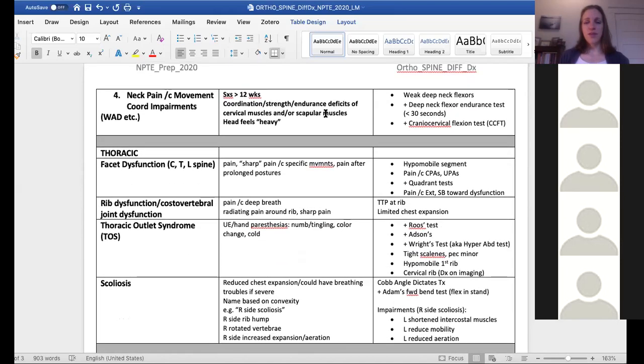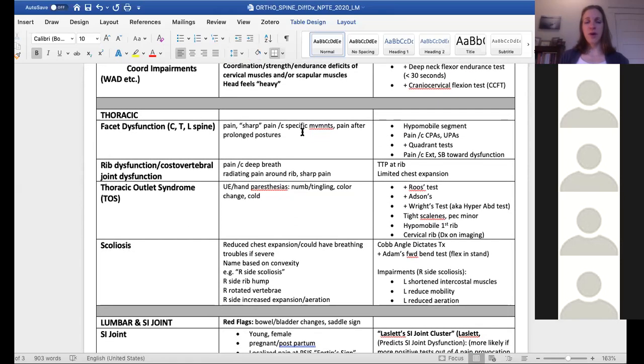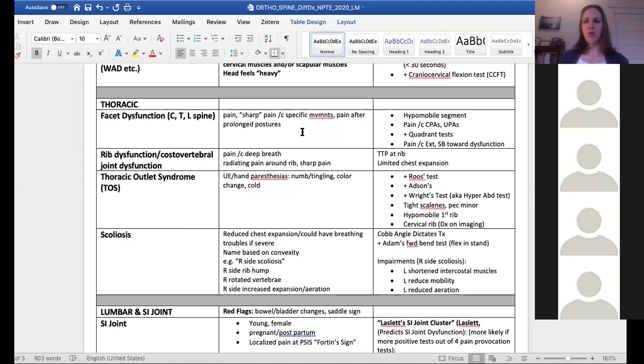Okay, so moving into the thoracic spine. If we remember, thoracic spine, because we have rib attachments, is going to be not as mobile as our cervical spine. Cervical spine is really notable because of its ability to attain mobility.